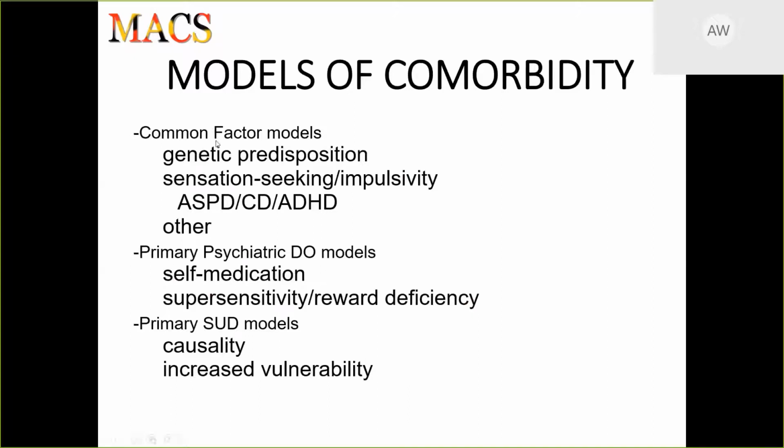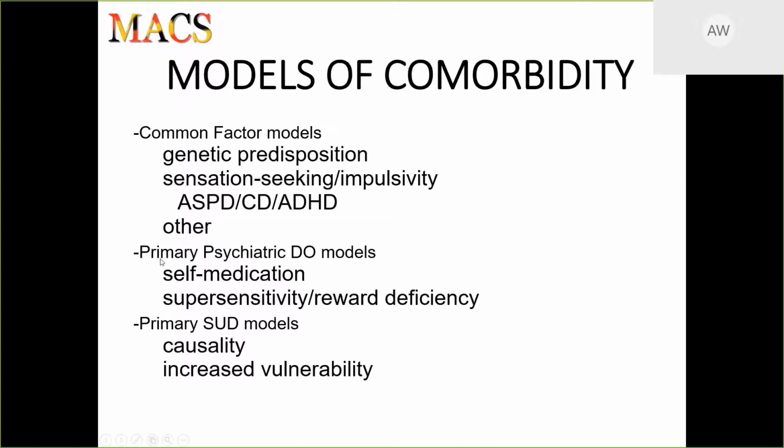There's a lot of research on sensation-seeking and impulsivity types of disorders, so antisocial personality, conduct disorder, and even attention deficit hyperactivity disorder. There's a lot of overlap in the brain circuitry involved with seeking sensation, being impulsive, and substance use disorder.